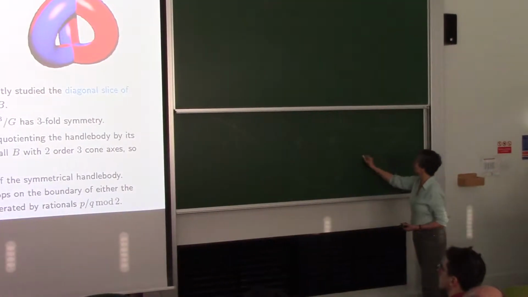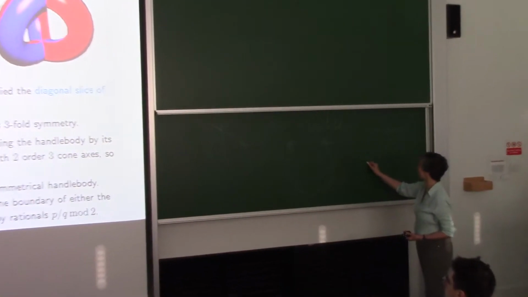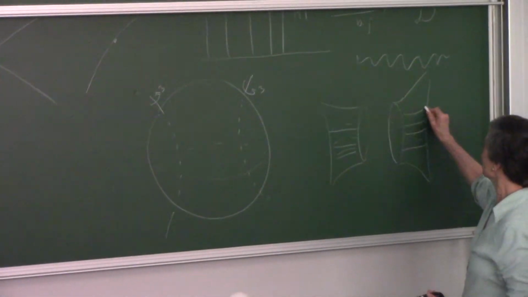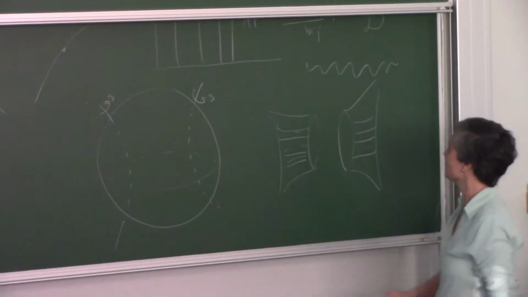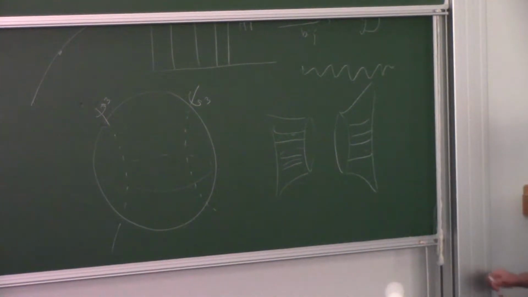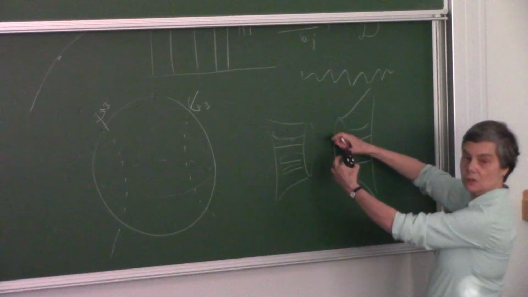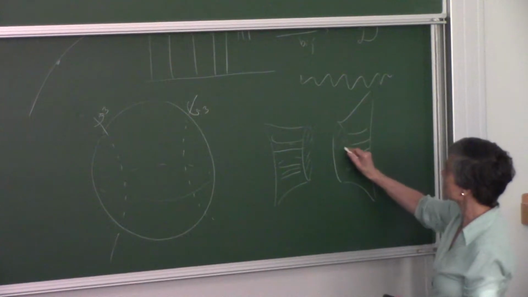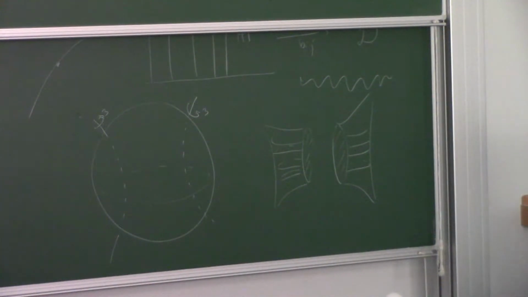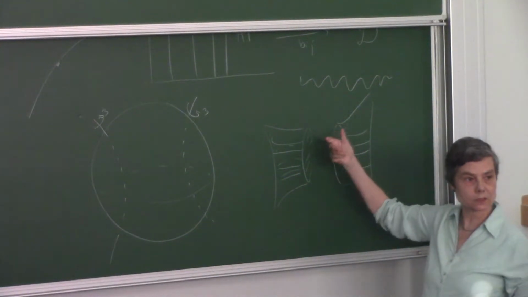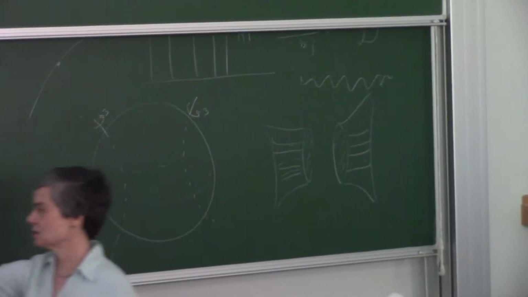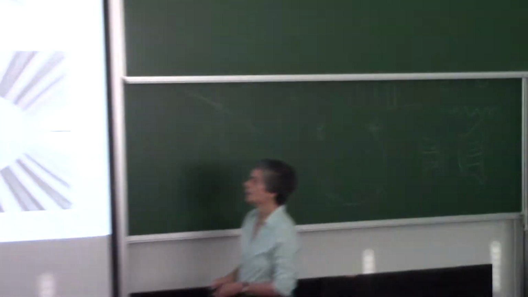You have a bunch of curves on one side and the same number on the other side. So you have Q of these things, and then you put this together with a certain amount of twisting, which is P. This is a disk in the handlebody. If you twist by a full rotation, you come back to topologically the same curve. So curves are enumerated like this.